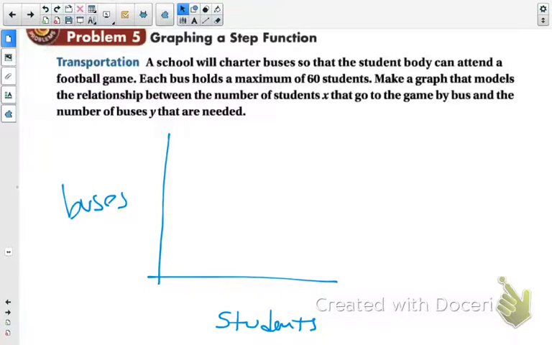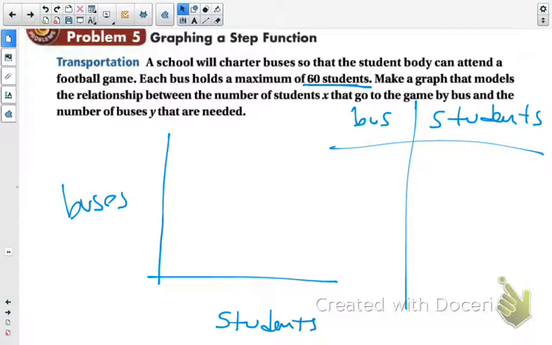Okay, so if you think about this, every bus holds a maximum of 60, so they can hold up to 60. If we only want to take one bus, that means there is 0, well, I guess not 0 because they're not going to take a bus with 0 students, but 1 to 60 students.